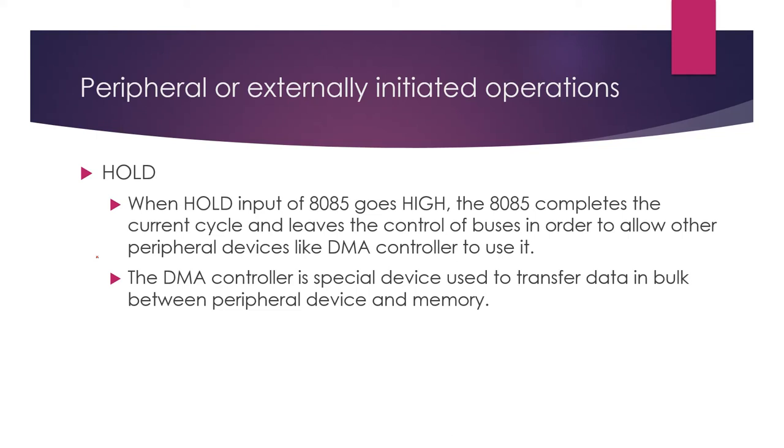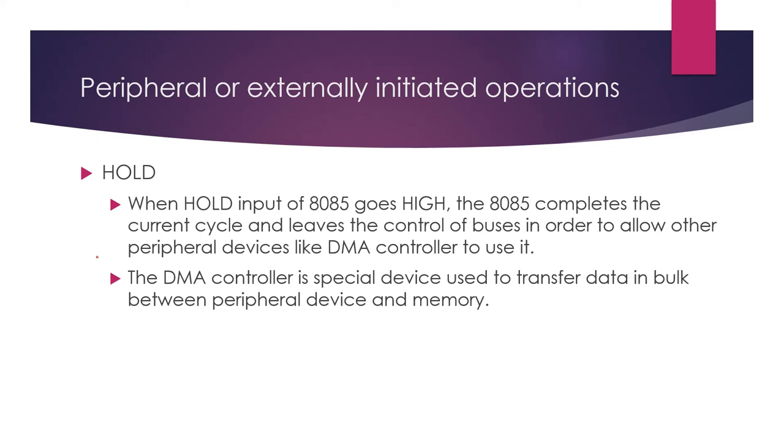After the invention of the DMA controller, it took responsibility for data transfer directly between peripheral and memory. How does the DMA controller transfer that data? It takes control of the system bus from the microprocessor, and by using that bus, takes data from the peripheral device and directly transfers it to the memory.